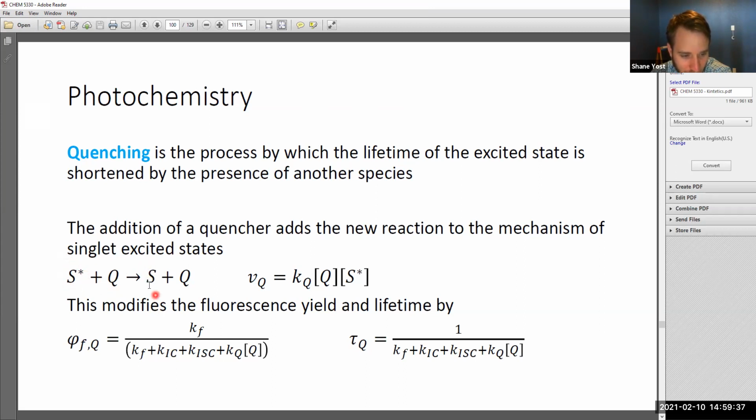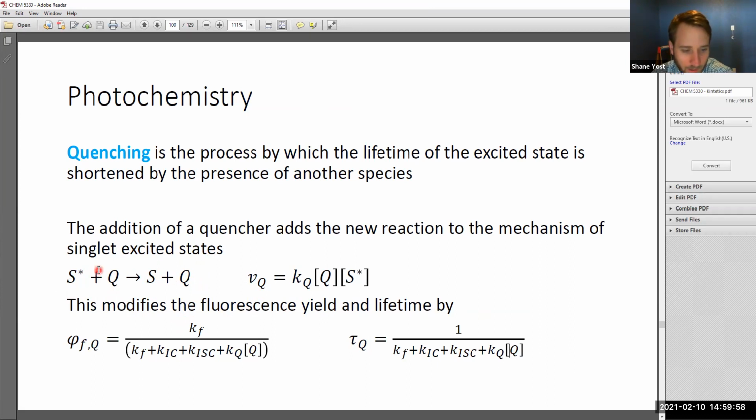It burns it out, puts it back down to its boring old ground state, and takes on the energy itself. In the quencher, that energy then quickly dissipates and you just form the ground state quencher as well. So effectively in this reaction, the quencher's concentration doesn't change.